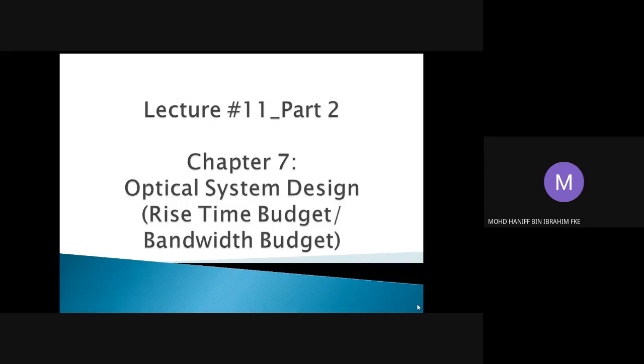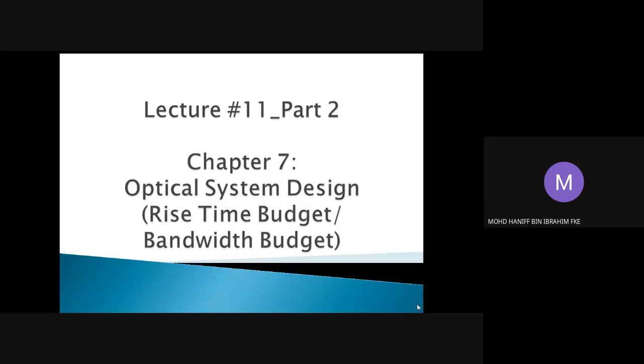If we recall, we learned about the optical system design, specifically on power budget analysis, and how we design the optical system based on the gain, the loss induced by the fiber optic itself, and the sensitivity of the receiver. So hopefully you have understood these topics clearly.